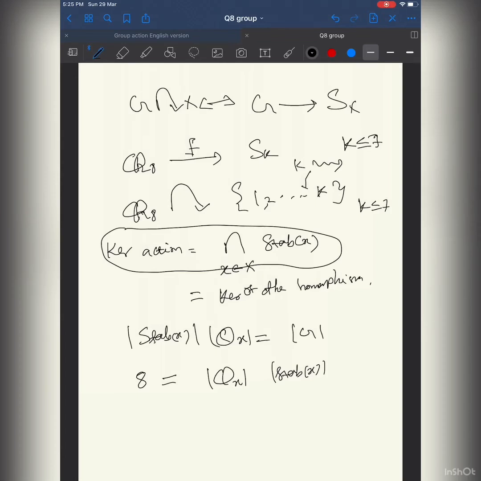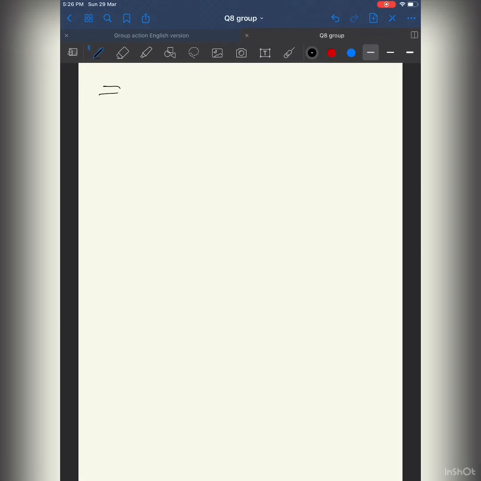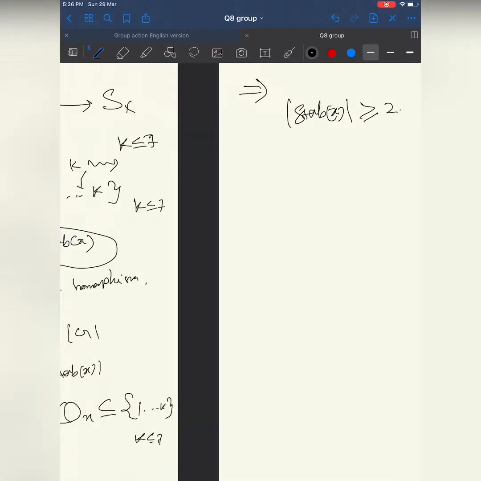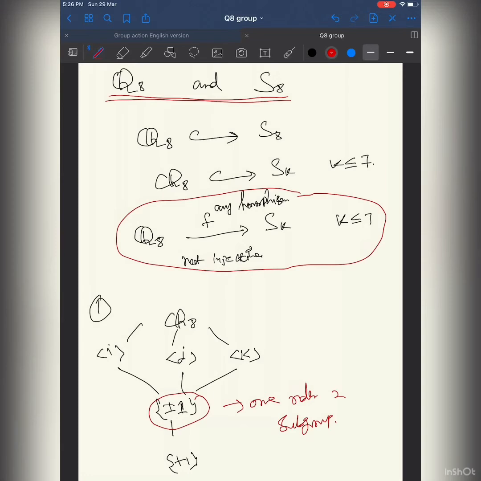But remember that the orbit of x is a subset of {1, 2, ..., k} with k less than or equal to 7, so the orbit size is less than or equal to 7. Hence the stabilizer of x must have order at least 2. This is the fact.